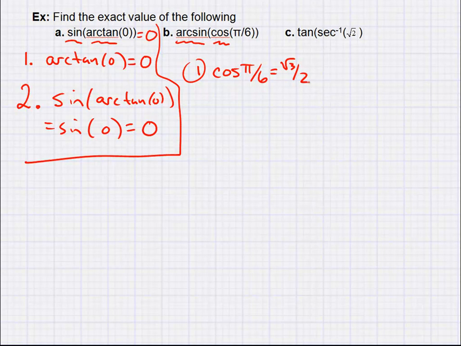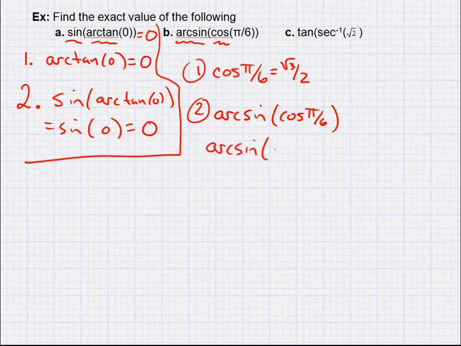Okay. Now that I have that, the second thing I'm going to do is find the arcsine of the cosine of pi sixth. Well, what am I going to do? The arcsine of square root of 3 over 2 is going to give me pi thirds.